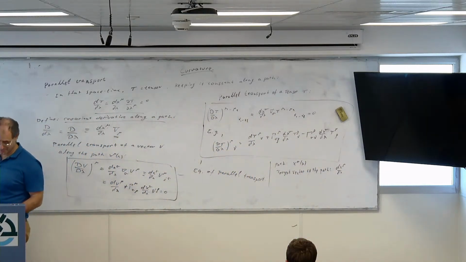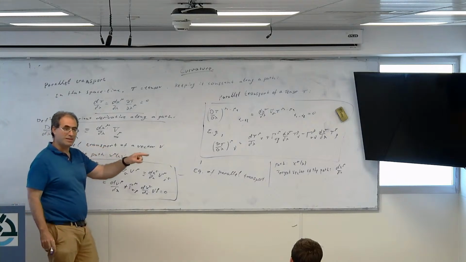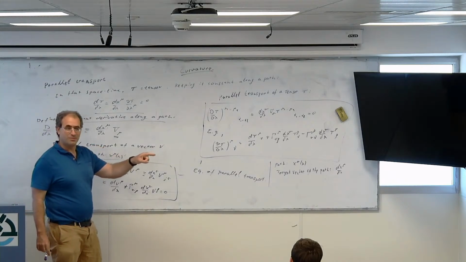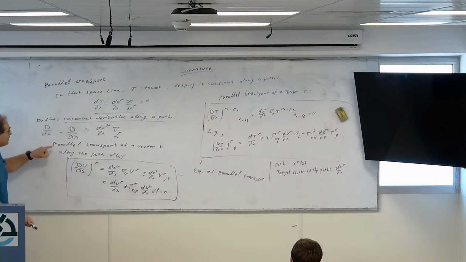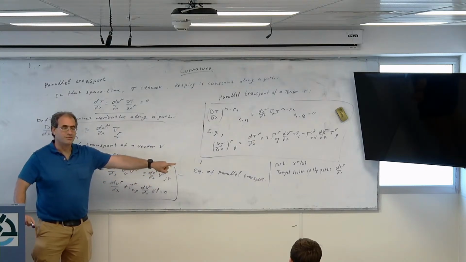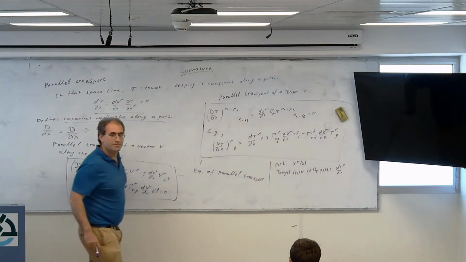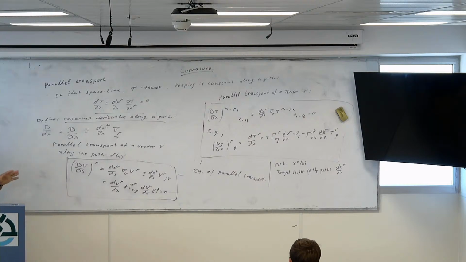No. Because you told us in the recap that a geodesic is just the path where the tangent vector is parallel to itself. So it's not surprising at all. There's a very close connection between parallel transport and the geodesic equation. If I just take the vector which is tangent to the path, I'll get back the geodesic equation. Make sense?